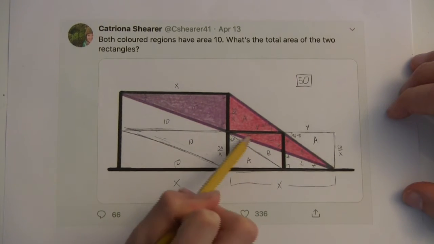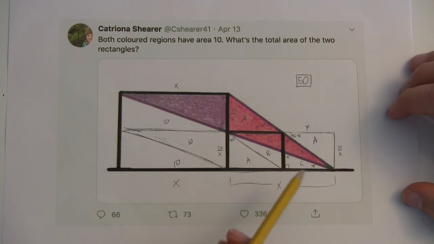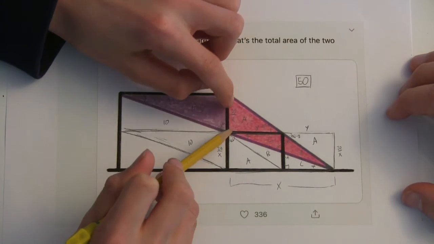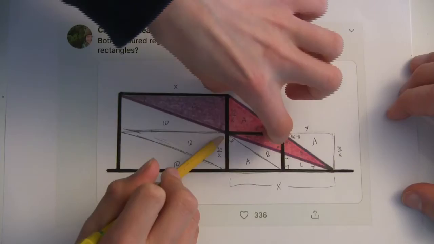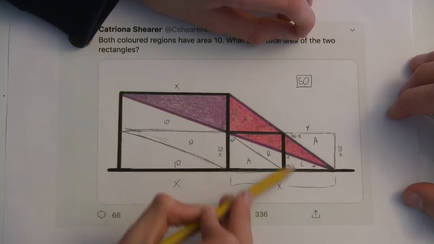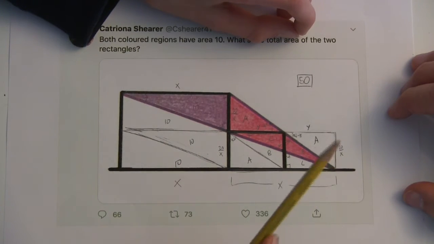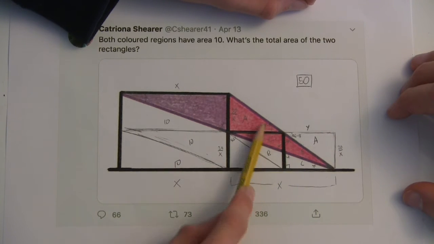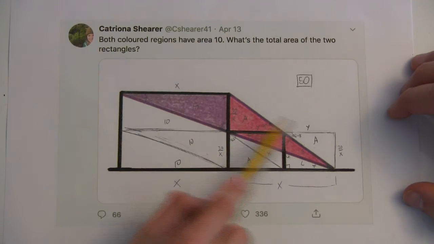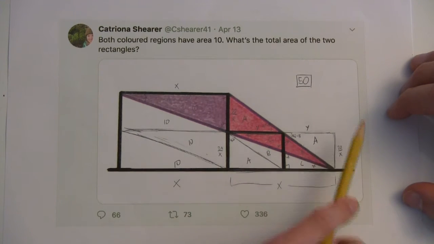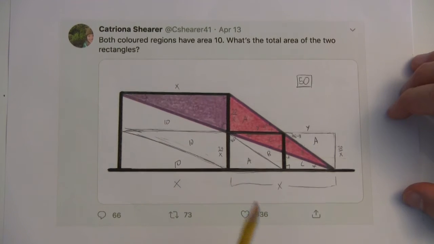We can fold this part here, I called it A, over to create this new triangle, and this fills in the rectangle here. That makes these two triangles congruent. These are part C, this is part A, so we have parts A, B, and C represented here, and then we just slide it over, and that makes this rectangle here.